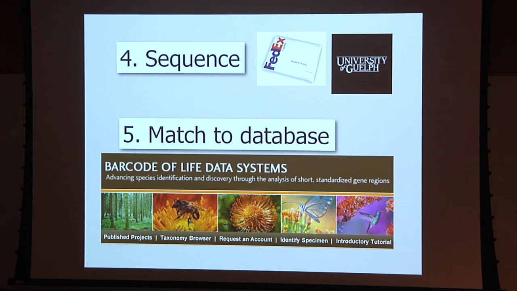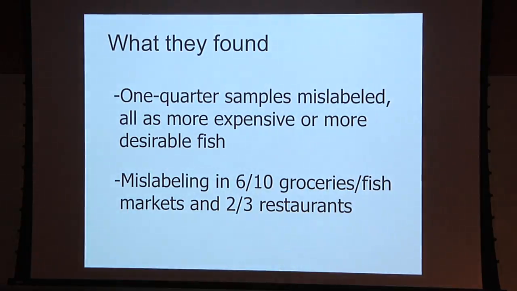And then, one by one, we took those sequences and matched them to the database. We're using BOLD, the Barcode of Life Data Systems database, or GenBank. They're overlapping databases.